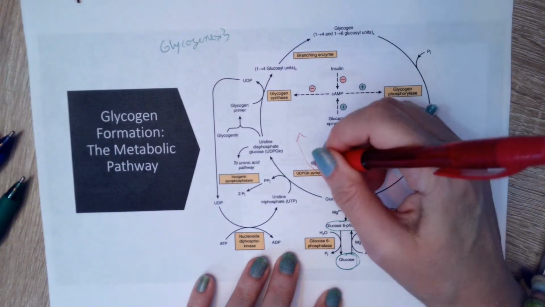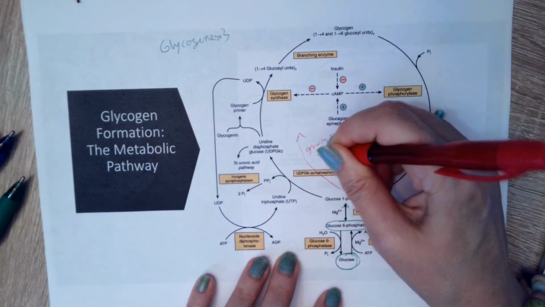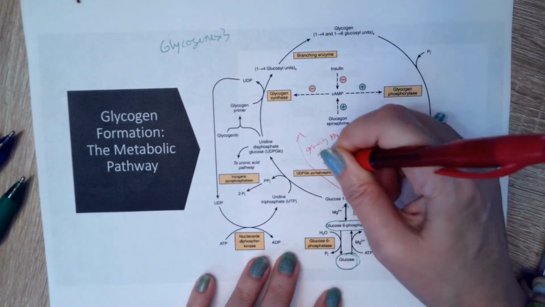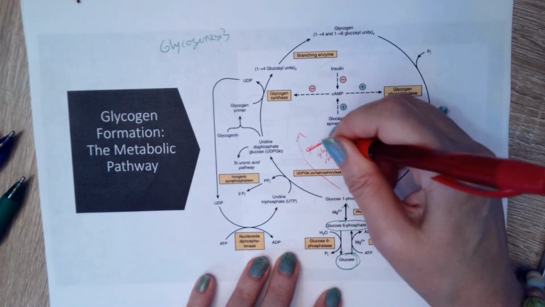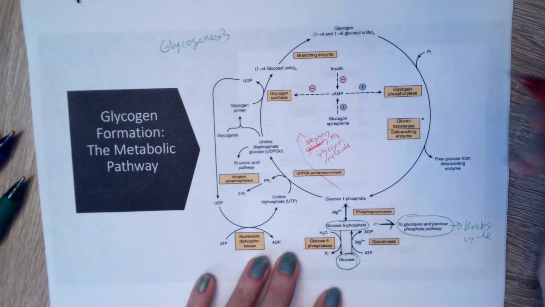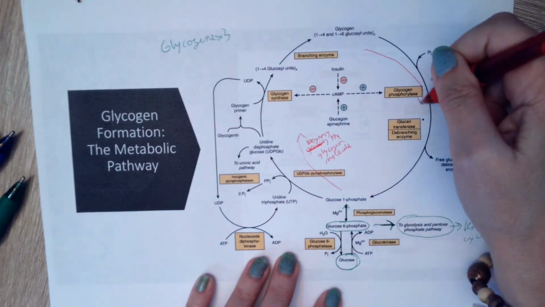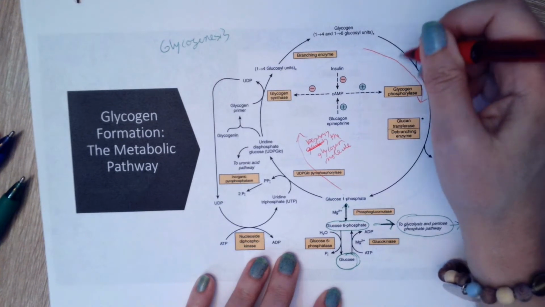So we are beginning the glycogen molecule. And as we go over this way, then we are continuing to grow it.